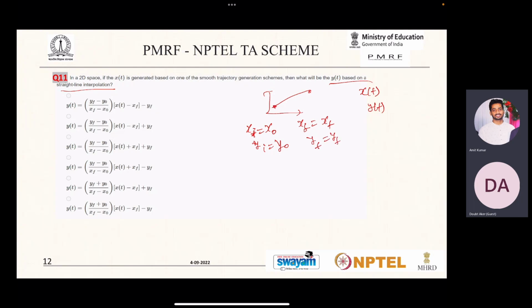So if you know 2 points, x naught, y naught and xf, yf, and it's a straight line interpolation, then in between you can have this x and y, and that is what we need to write: x of t and y of t. As it is a straight line interpolation, the slope computed using any 2 of these points should be the same. So you can use that information to find the equation.